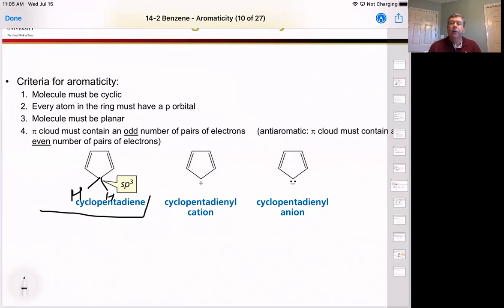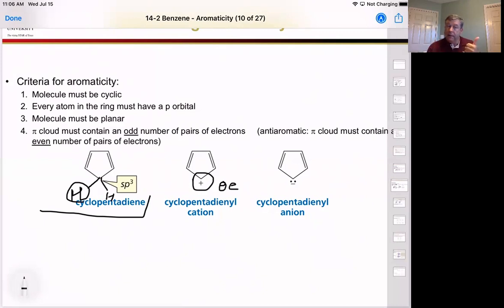Okay, so in what we looked at before, we saw things that had no charge. Well, what if we had charge? Can that actually apply to our aromaticity? And the answer is yes, if you follow the rules. So let's take one of these protons off right here and make a carbocation. Now we have to remember that carbocations are sp2 hybridized, trigonal planar, and have an empty p orbital. So there are 0 electrons in this p orbital here. Okay, so now let's look at our rules.